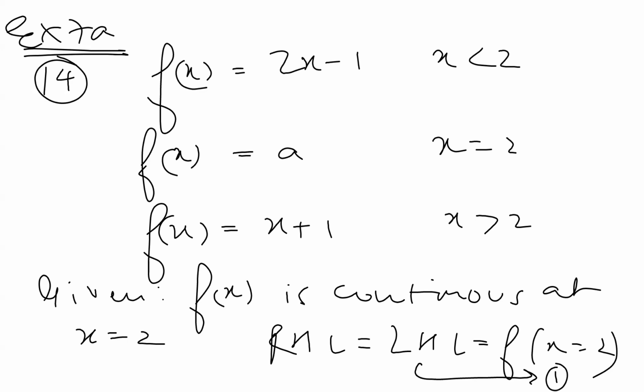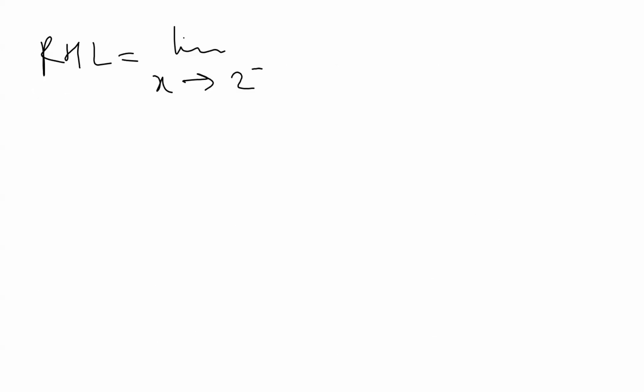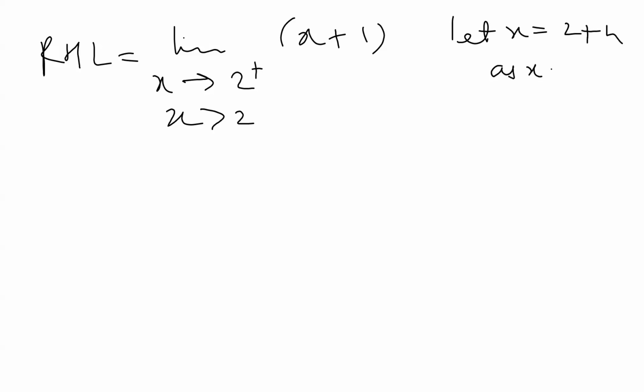These three I will equate. Now right hand side limit, x approaching 2 plus, x is greater than 2. So we have this function x plus 1. Let x is equal to 2 plus h. As x is approaching 2, h will approach 0.